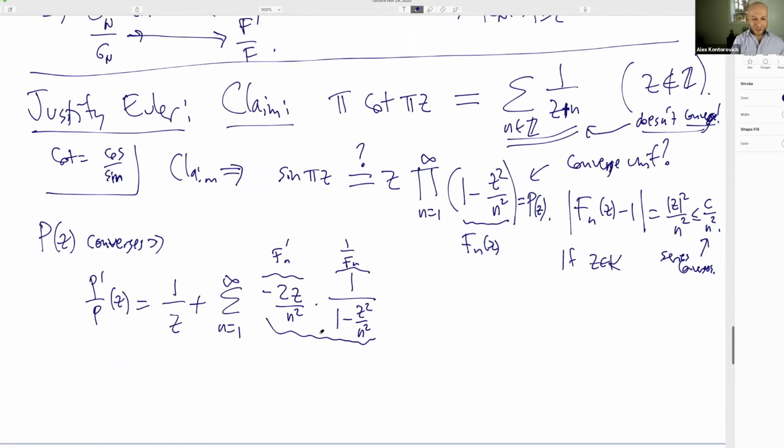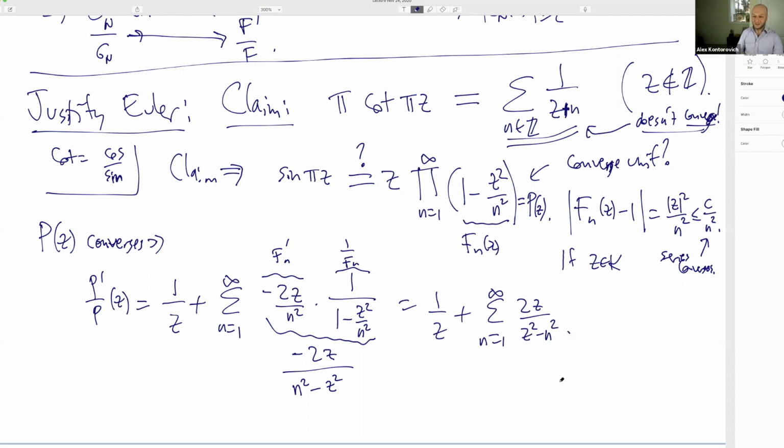I believe I get a negative 2z, and what do I get in the denominator? I can just multiply the two denominators together. So I'm just getting n squared minus z squared. And so if I fix that minus sign, I think I'm getting a 1 over z plus a sum over the positive integers of 2z over, and I'll negate the denominator also.